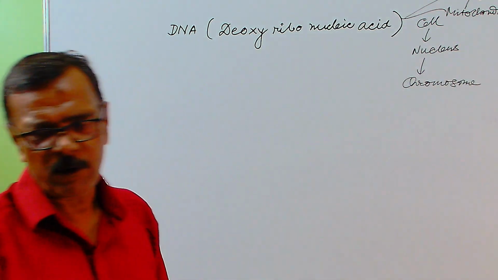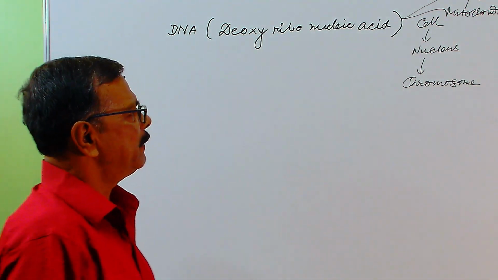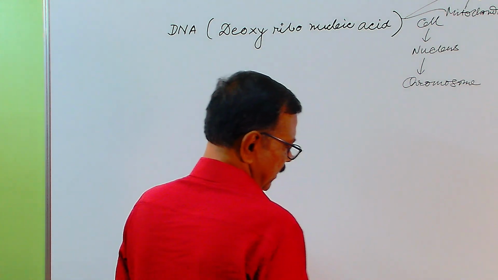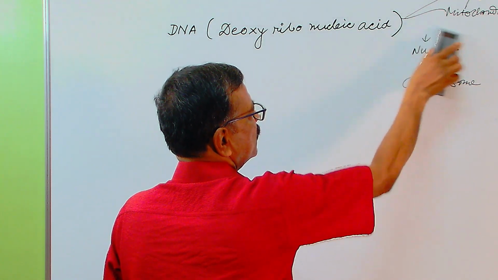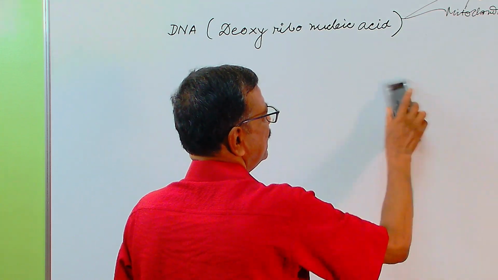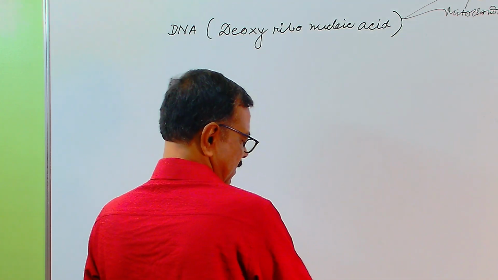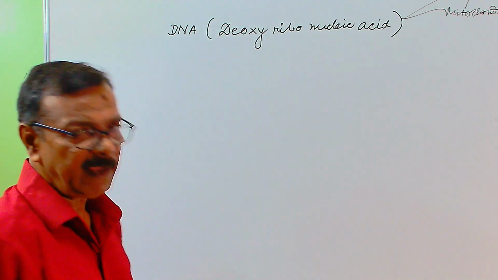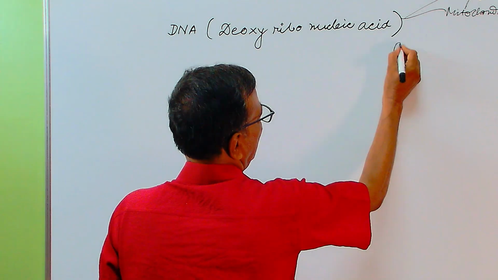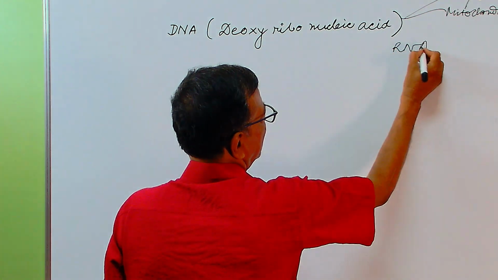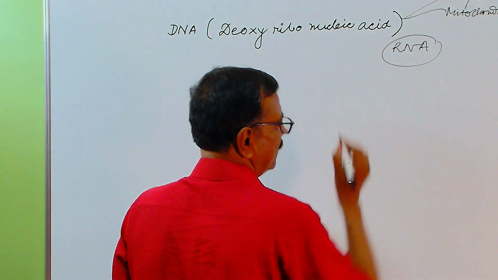DNA is known as deoxyribonucleic acid. And what is RNA? RNA is ribonucleic acid. Clear?